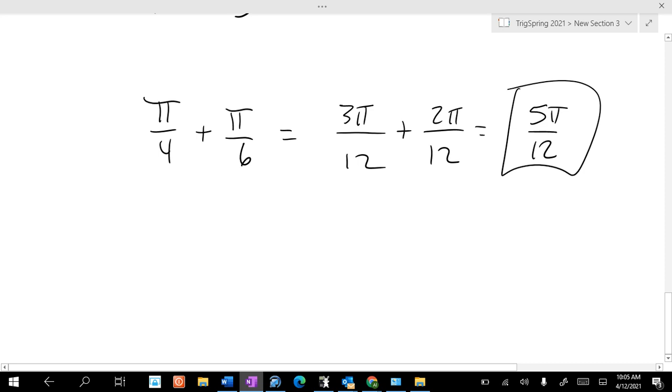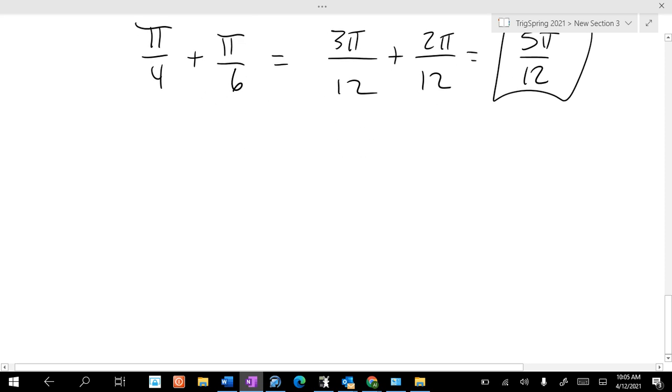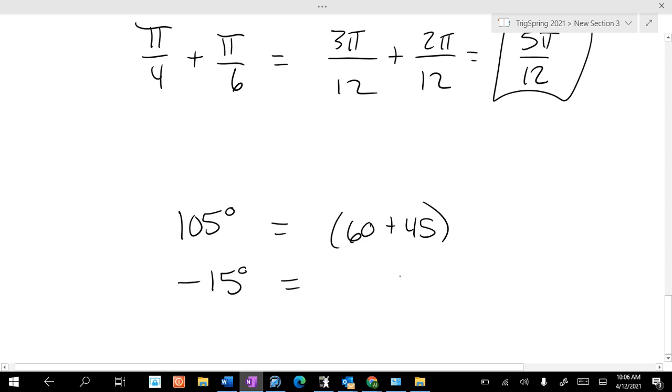And then let's just work with degrees here for a second. What two numbers make 105 degrees? What two numbers from your unit circle make 105 degrees? So you'd use 60 plus 45. Okay. What two numbers would make negative 15 degrees?